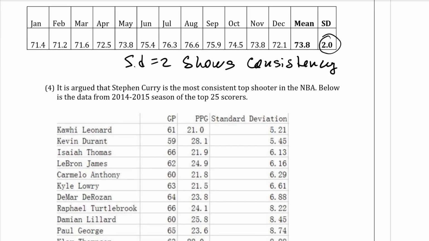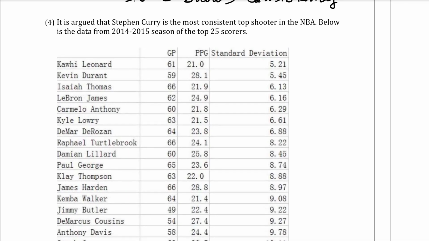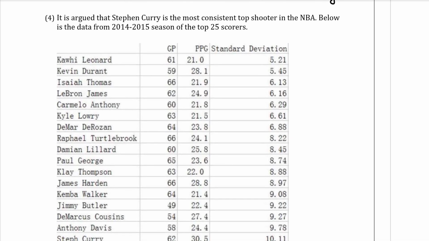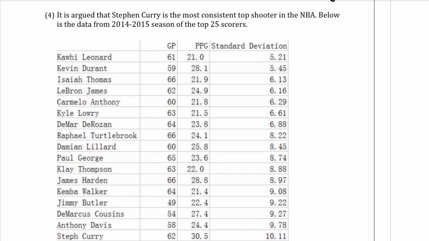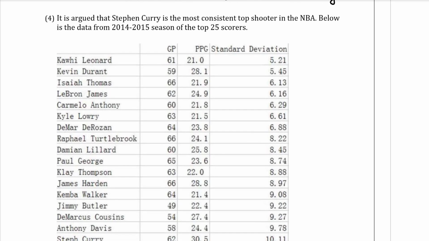And finally, this is a little outdated statistics for Stephen Curry, telling what his points per game were on average. In the 2014-2015 season, he played most of the games, and he scored on average the highest number of points per game out of all the other stars that year. So the highest number.